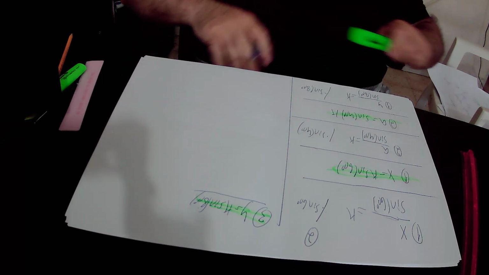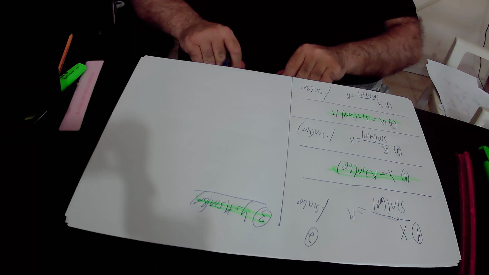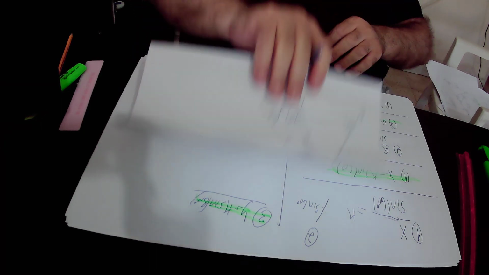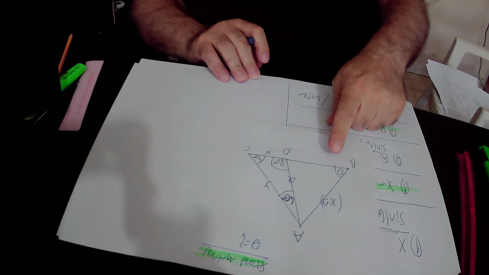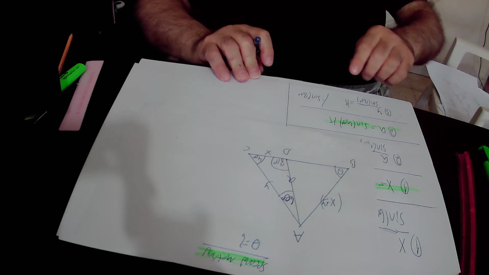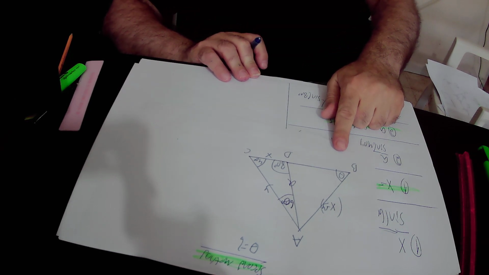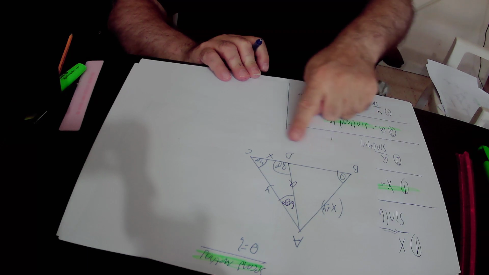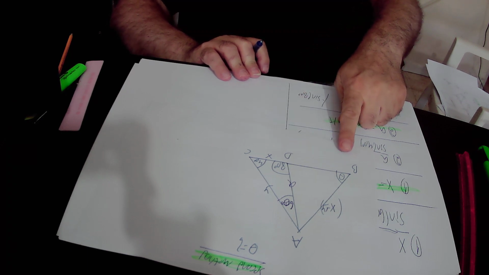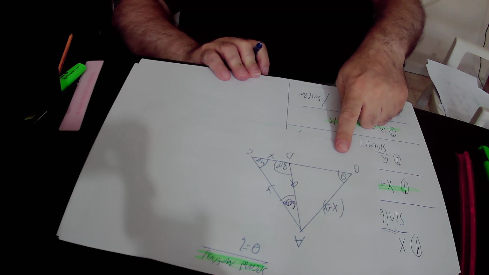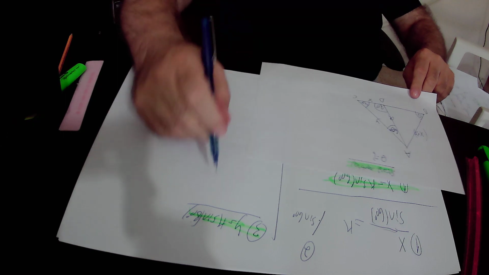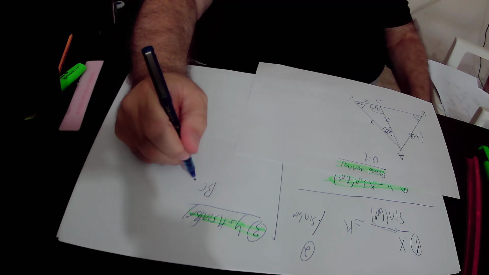In the next step, we will implement the law of sines in this triangle ABD. But before that, we know that BC is a straight line because it is one side of triangle ABC. BC is a side of a triangle, so it must be a straight line.